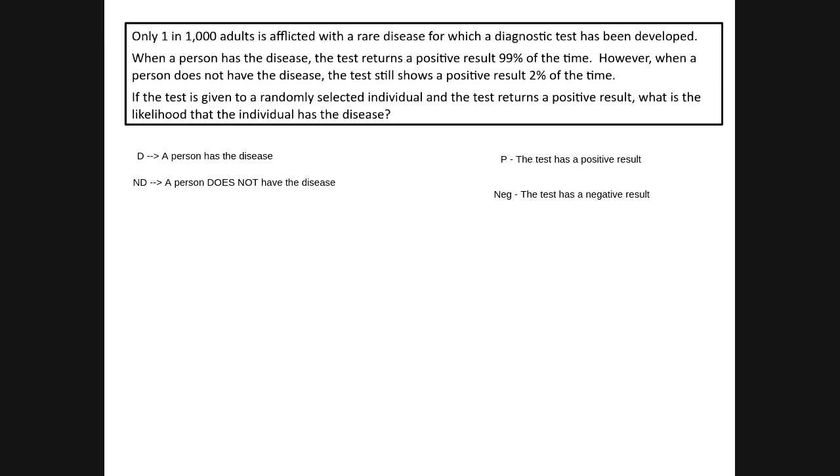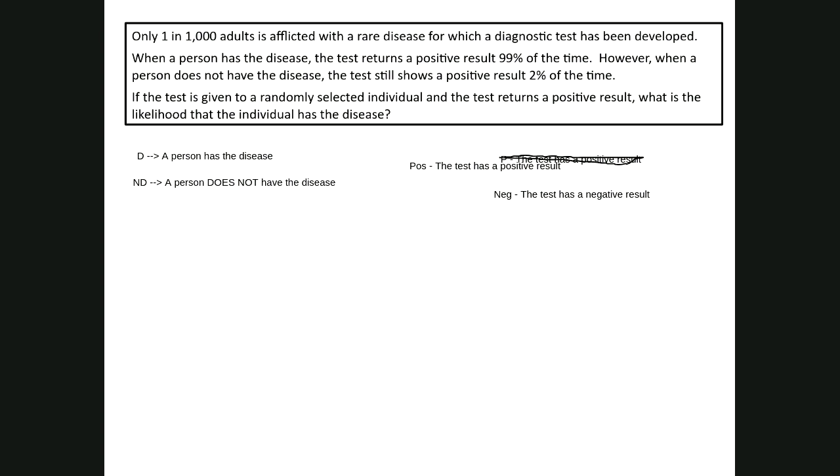So those are our four different outcomes, and let's ignore the earlier one. All right, so Pos, Neg, D, and ND are our definitions.